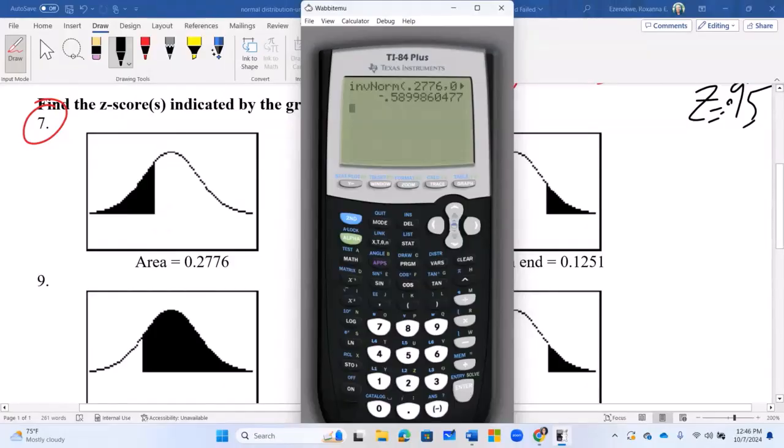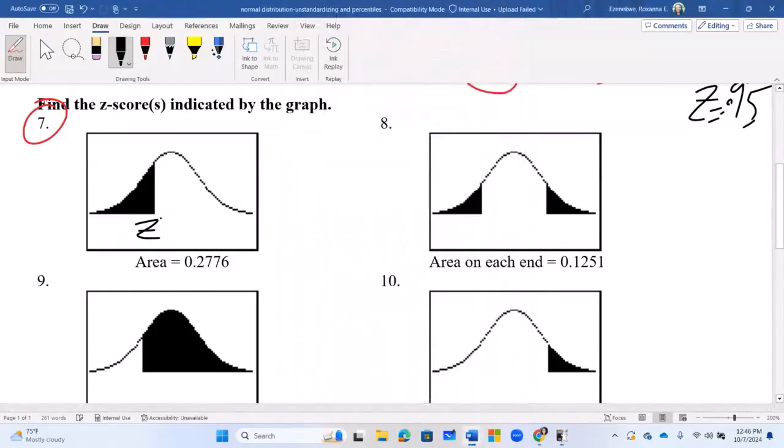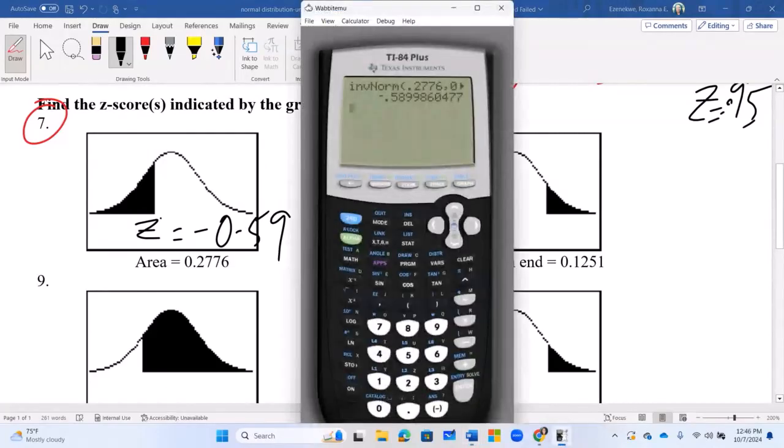So the z-score corresponding to this is negative 0.59. So the z-score corresponding to area to the left in the normal curve, and area to the left is the same as percentile, is negative 0.59. Okay.